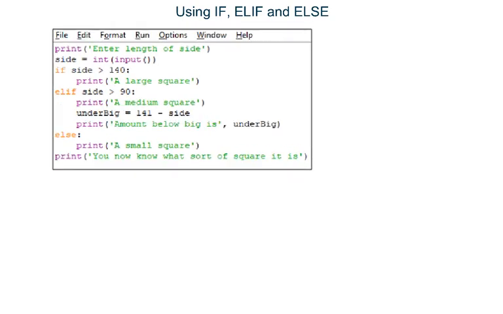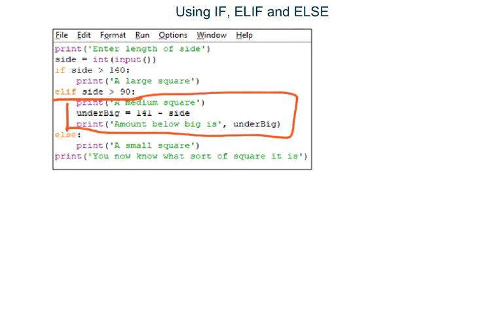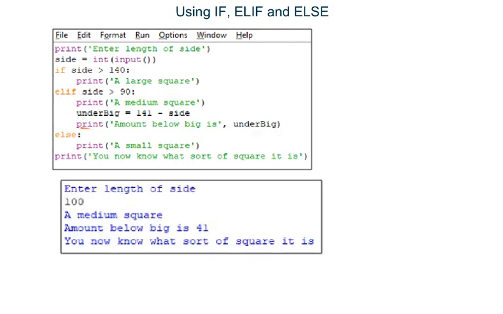We can have more than one line of code indented underneath an if, or underneath an ELIF, or underneath an else. Here we've got 3 lines of code indented underneath the ELIF. So if, when the program checks what's inside, it finds that it's bigger than 90, it would do all 3 of these lines of code. I have run the program and entered 100.